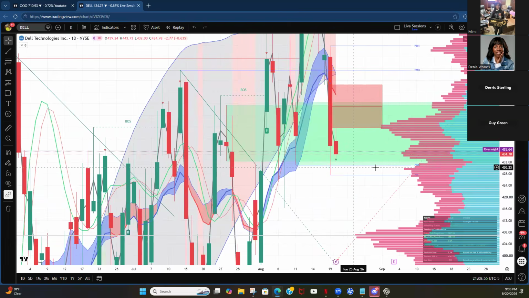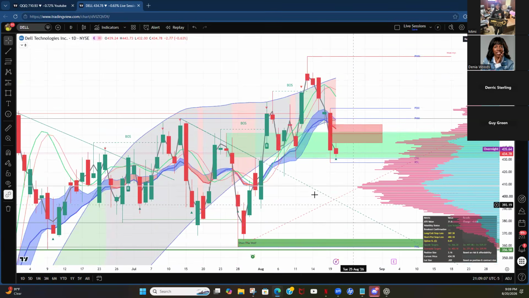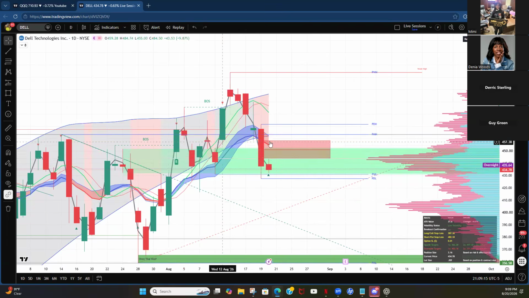So you need to watch Dell and make sure it doesn't lose this 430 area. If it does, it'll come back to 427 and then maybe pull back lower. Maybe retest this trend line again. But I wouldn't try to sell it without a good validation because again, it's sitting in an order block here and it swept it.